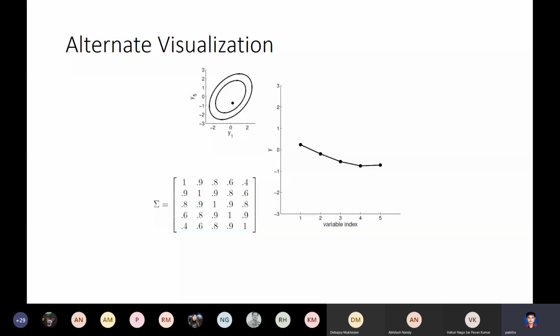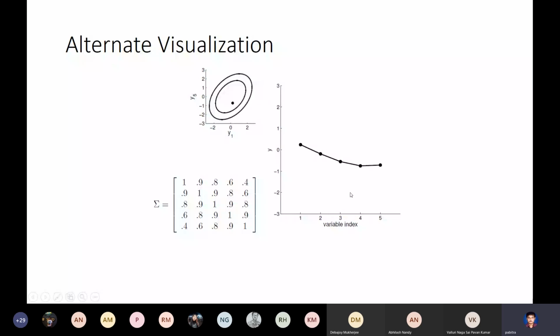So the point is that a 5-dimensional sample drawn according to a 5-dimensional Gaussian distribution is nothing but a curve, if the x-axis is the dimension number and the y-axis is the value of that dimension in the 5-dimensional point.